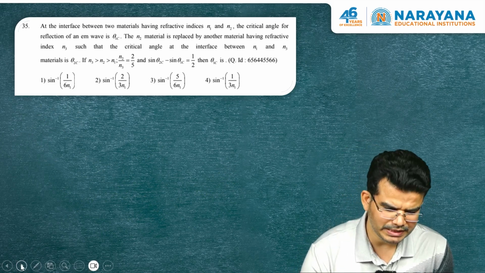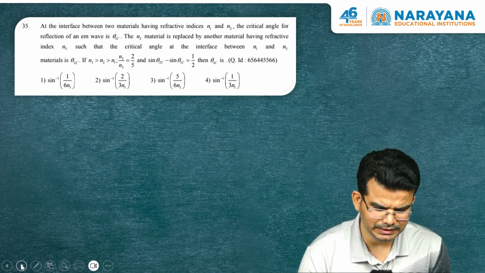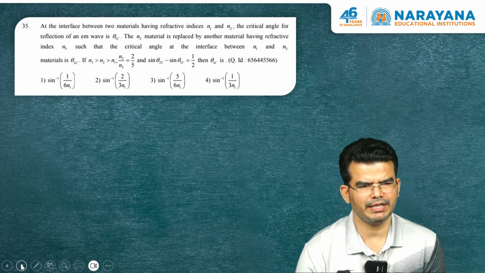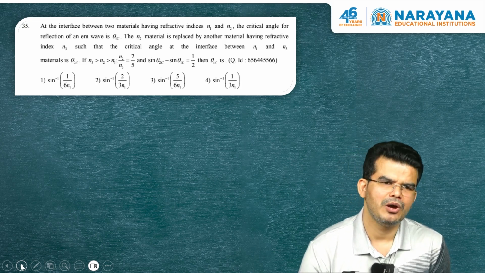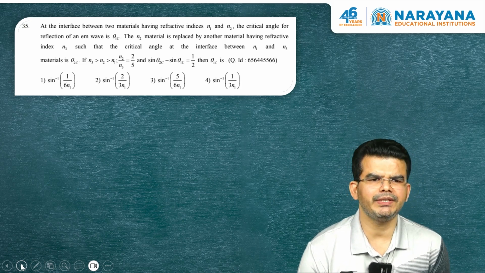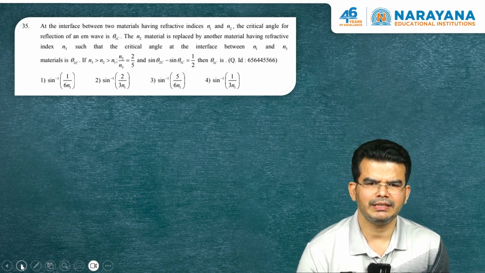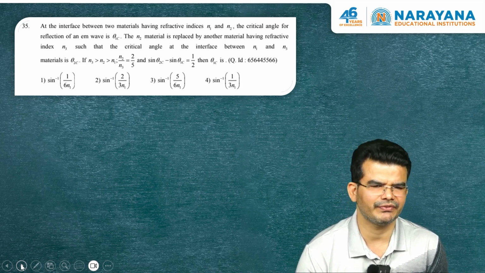Okay. Next question. I think this question is coming from optics, geometrical optics, ray optics. What are they saying? Let us read the problem. At the interface between two materials having refractive indices N1 and N2, the critical angle for reflection of an EM wave is theta 1c. Okay, fine.